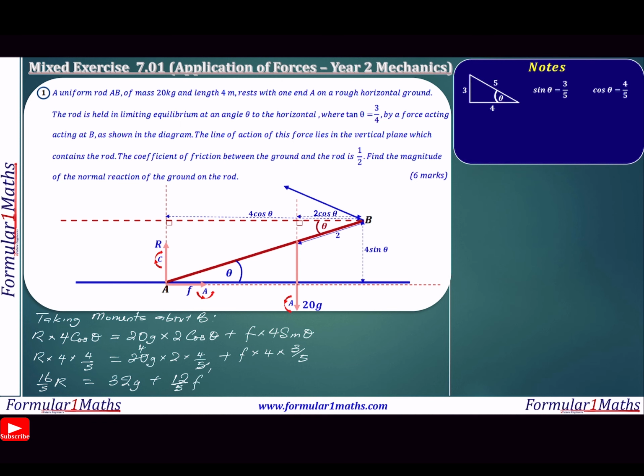But we also know that F is equal to mu times the normal reaction.